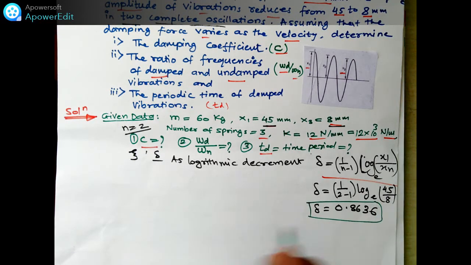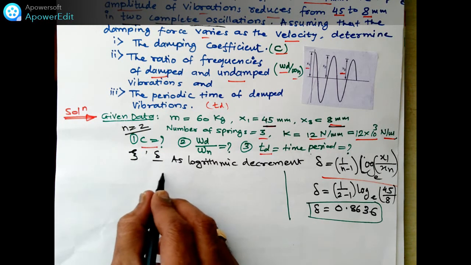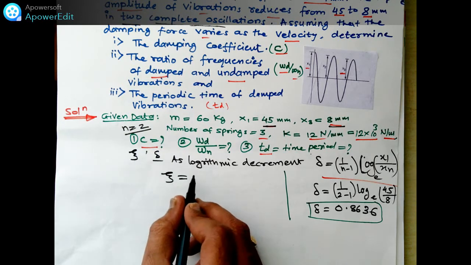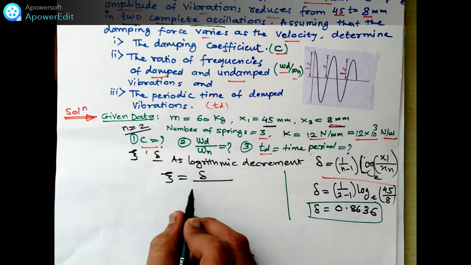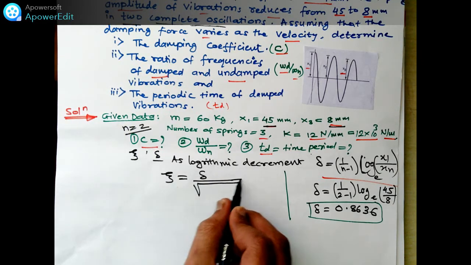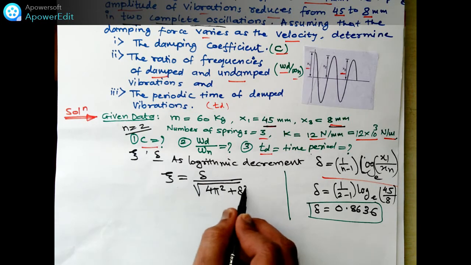So how to find out this zeta? Zeta we can find out by using this formula: delta upon under root of 4 pi square plus delta square.